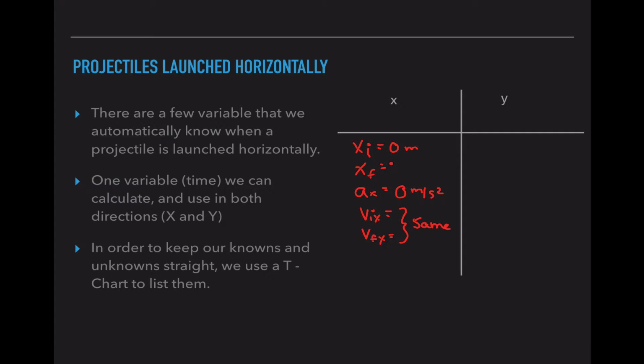Now we're going to repeat everything else, but we're going to say y: yi, yf, ay, viy, and vfy.